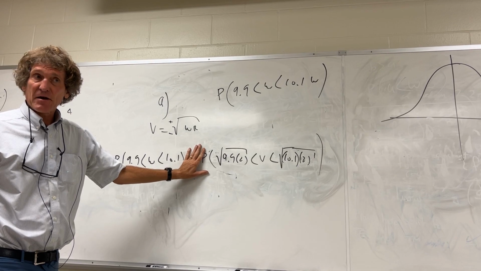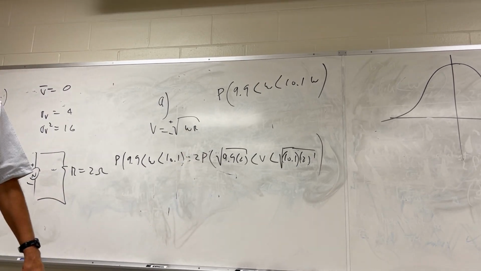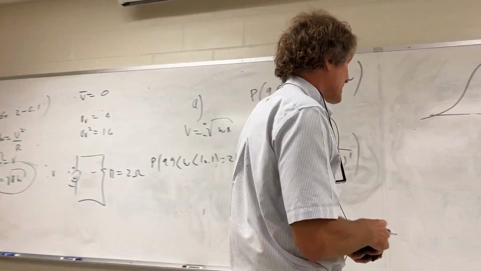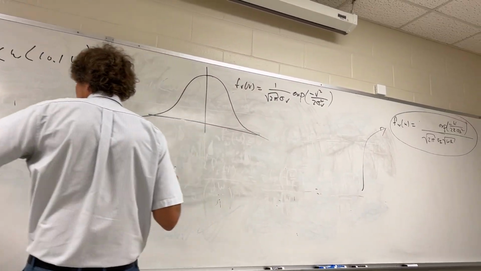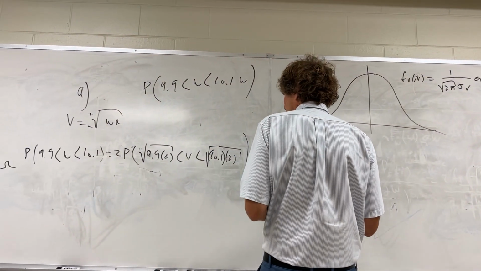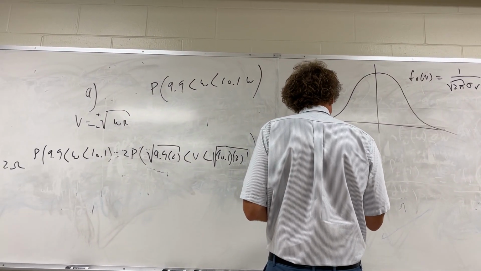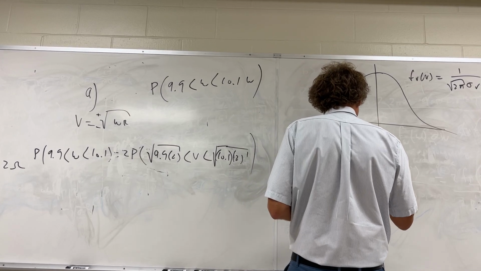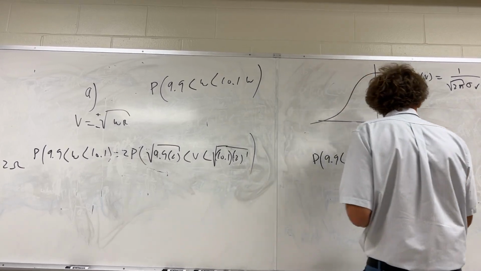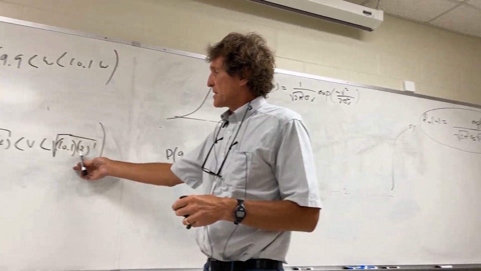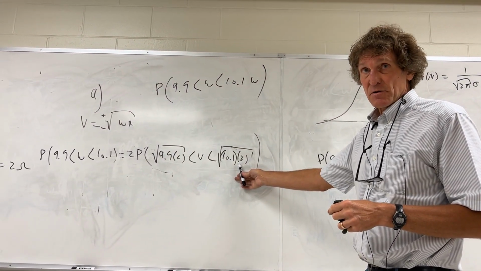If we use the table's characteristic function, you have this in your calculators, right? And you have it in yours, right? So what is it going to be? We'll put the 2 down here. So the probability that 9.9 is less than W, less than 10.1, is going to be 2 times the characteristic function that the voltage is less than this. Do you all agree with this?